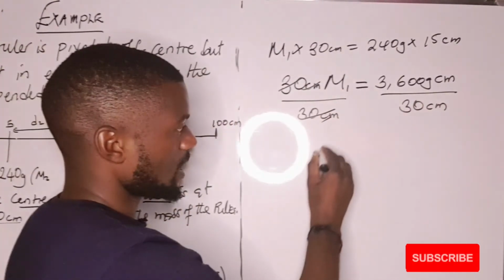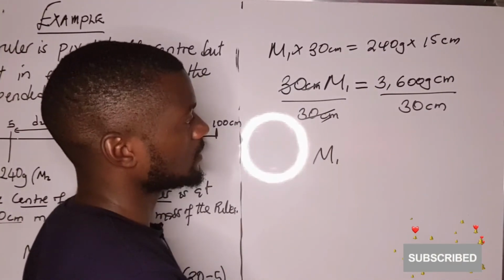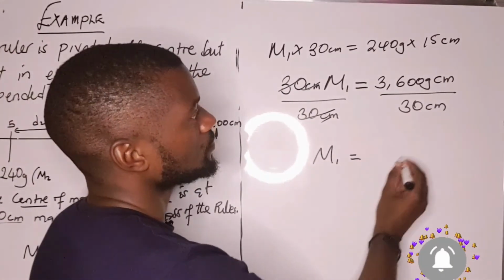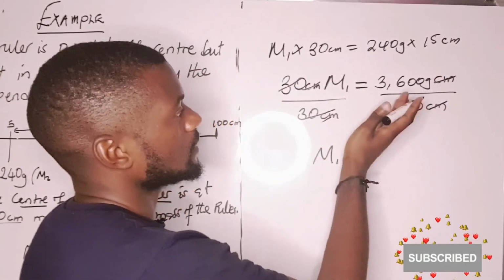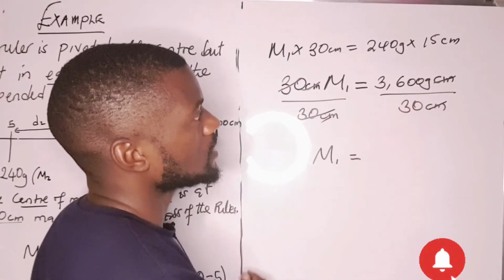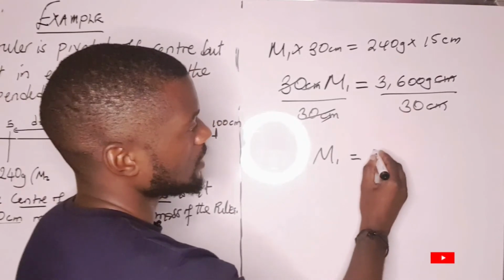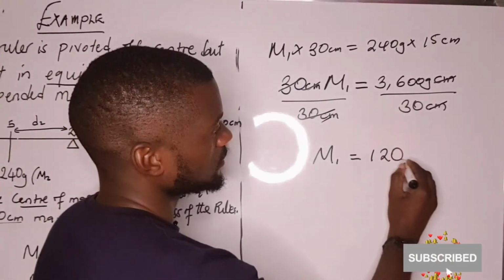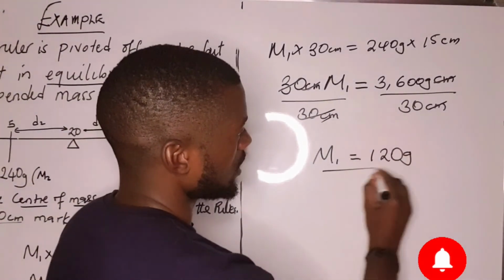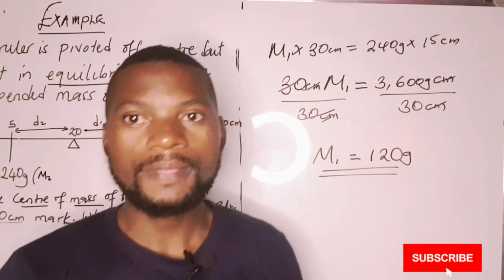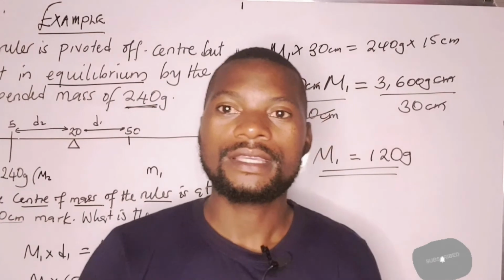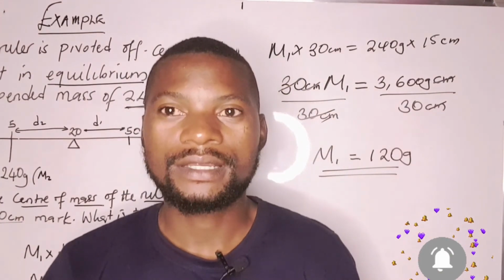You're going to have M1 equal to, then you cancel the units, 3,600 divided by 30, you are going to have 120 grams. So the 120 grams calculated is the mass of the ruler.